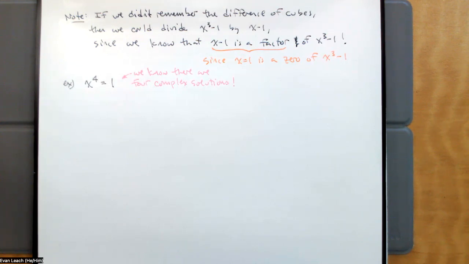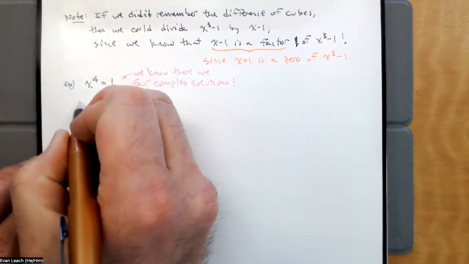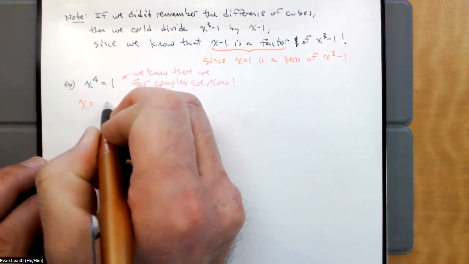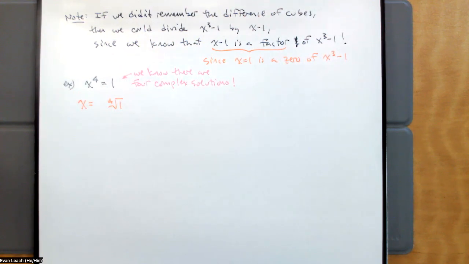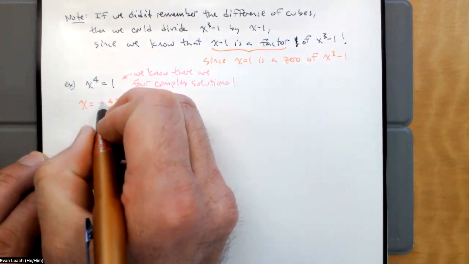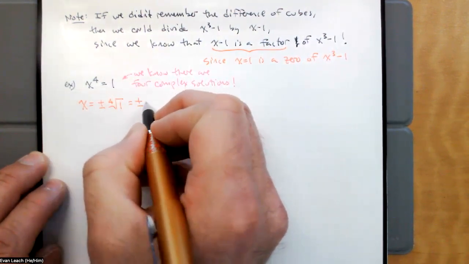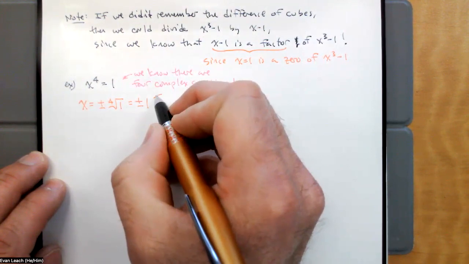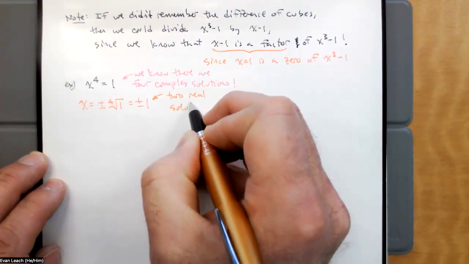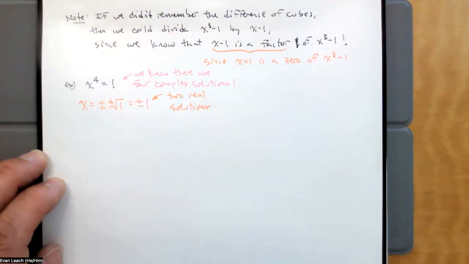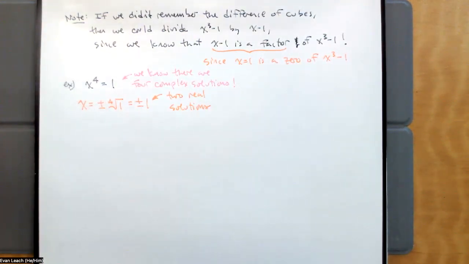If we do the inverse operations in reverse order, that's going to get us our real solutions. Since we're undoing an even exponent, and even exponents don't respect negatives, we have to do a plus or minus. Here are 2 real solutions, which means there are 2 more.